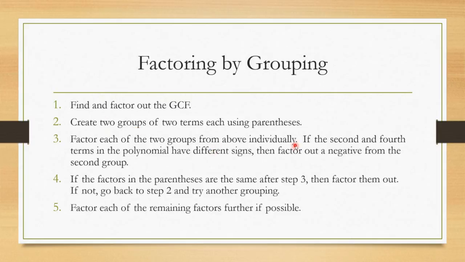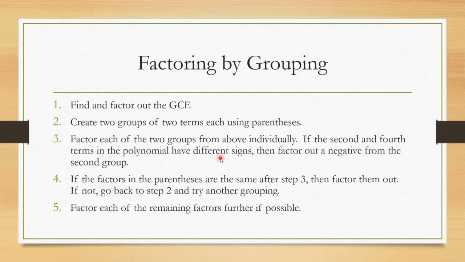A student showed me this trick: if the second and fourth terms have different signs, so one is plus and one is negative, or the other way around, you have to factor out a negative from the second group. Whatever you factor out, it has to be negative.